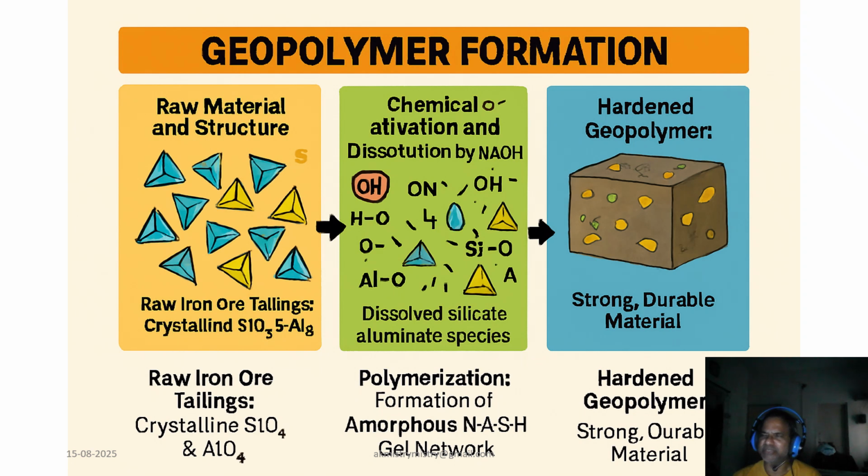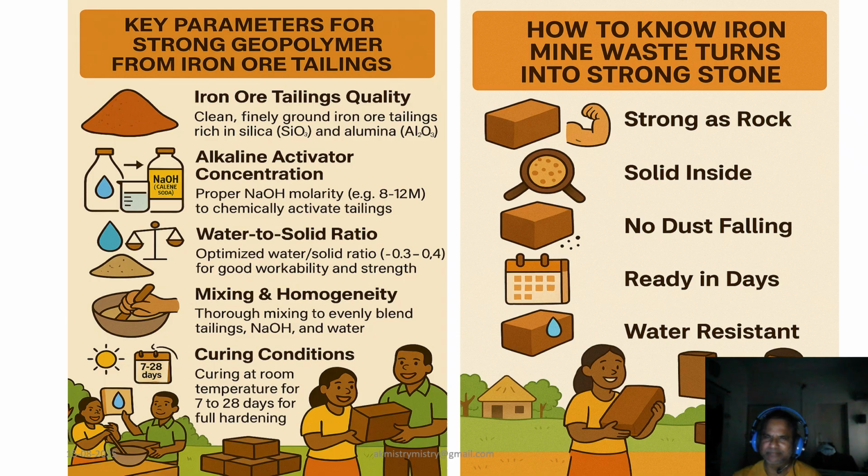This dissolution involves reactive ions like OH- and O along with water molecules. Next, these dissolved species undergo polymerization, forming an amorphous N-A-S-H gel network. The result is a hardened polymer, a strong, durable material suitable for sustainable construction.